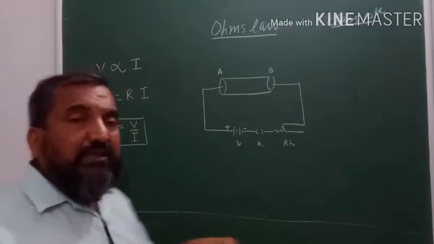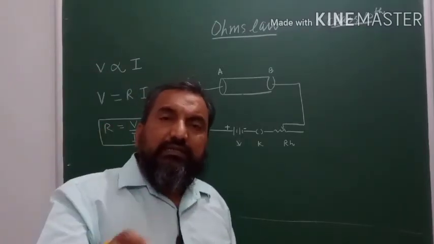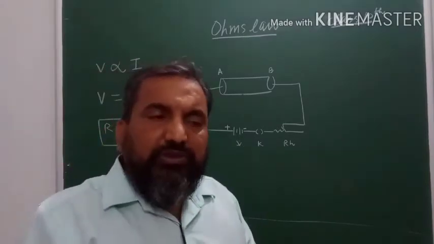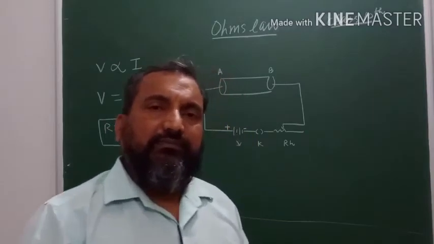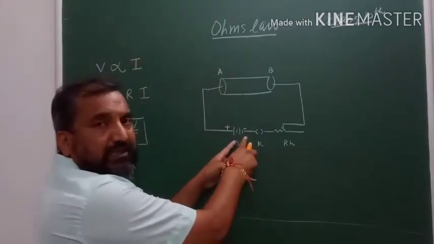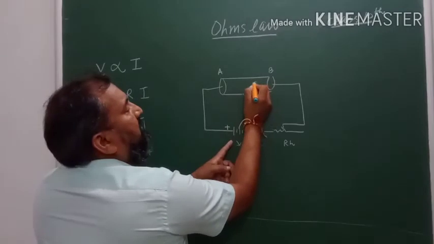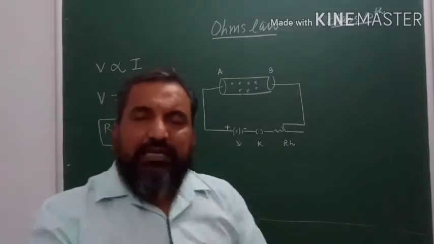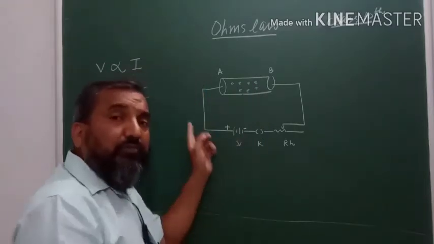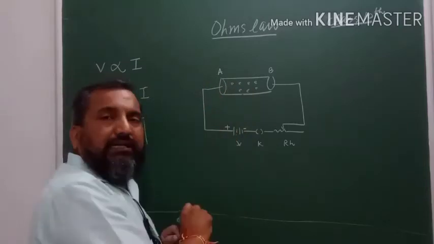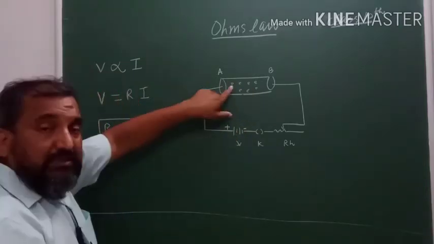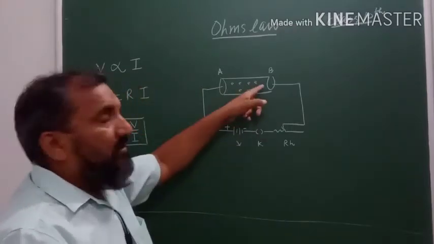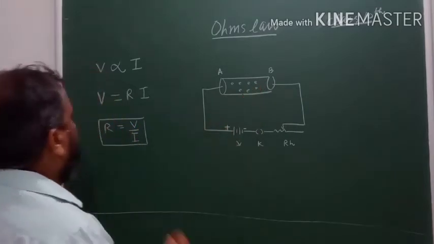So, what is resistance? Resistance is the ability of the conductor to oppose the flow of electrons in the circuit. When we connect the circuit, the free electrons in the conductor move inside the conductor, and the opposition to the flow of charges is known as resistance.